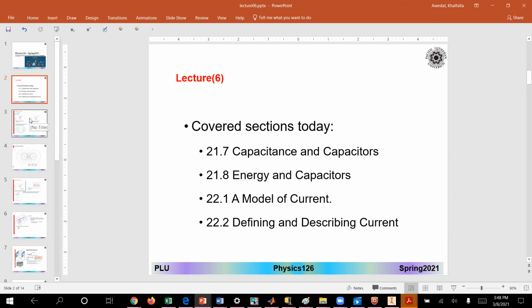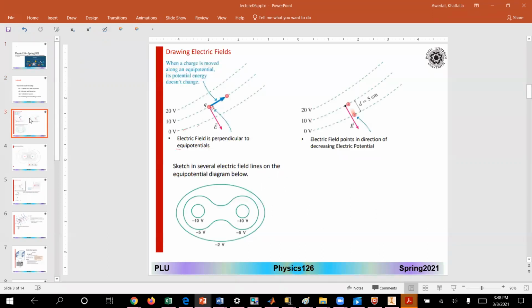So the first one, I'm going to start with the connection between the electric field and the equipotential lines, or electric potential lines, and how to find the relations. To draw the electric field lines based on the equipotential lines, or vice versa, you need to keep in mind just two main facts.